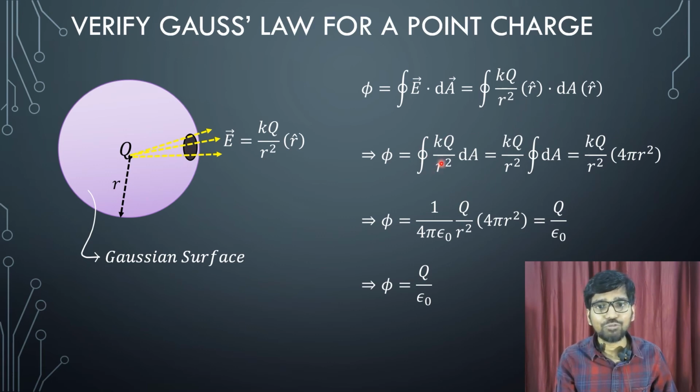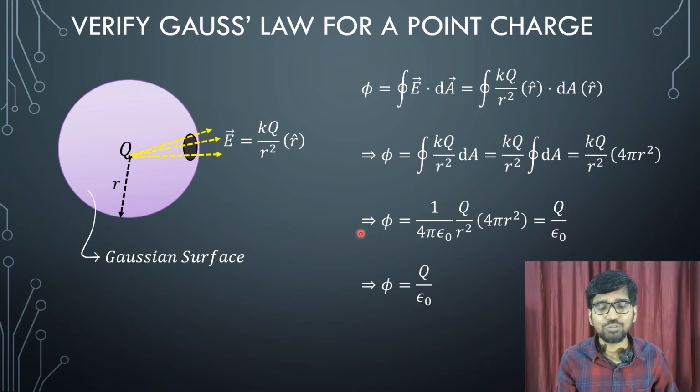You will be left with integral of kq by r square dA. You can see that for the given Gaussian surface, the value of kq by r square is constant. Therefore, you will take it out of the integral sign, and you will be left with kq by r square integral of dA. And this is nothing but the surface area of a sphere, which is 4 pi r square.